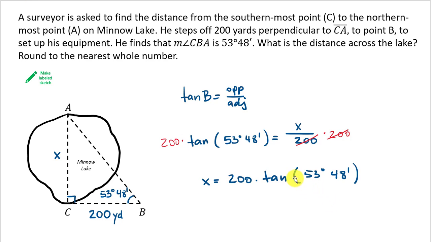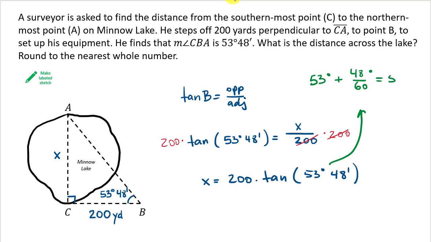If your calculator allows you to enter degrees and minutes, you can go ahead and do that. On my calculator, I have to convert degrees and minutes to just degrees. To do that, I'm going to write 53 degrees. And since 1 degree contains 60 minutes, I'm going to write the fraction 48 over 60 to calculate what part of 1 degree is represented by 48 minutes.